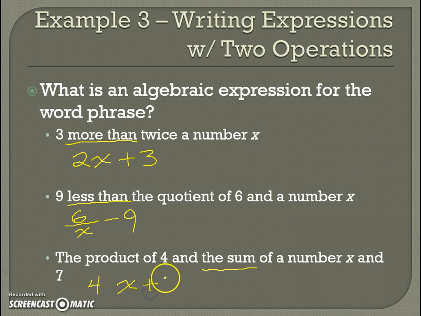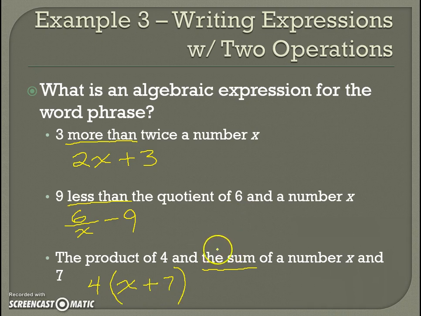So x and 7 are being added together, and then I'm multiplying it by the 4. Now, if you recall your order of operations, if I left this like this, you would multiply the 4 times the x and then add the 7. That's a mistake because that's not the way this reads. This reads it's the product of 4 and whatever that number x plus 7 is, first. So in order to make sure that happens first, I'm going to put those values in parentheses. So I have 4 times the sum of x plus 7.